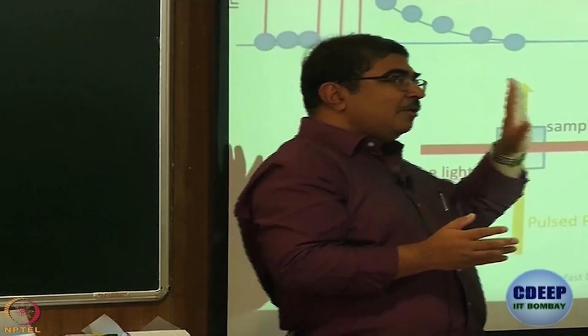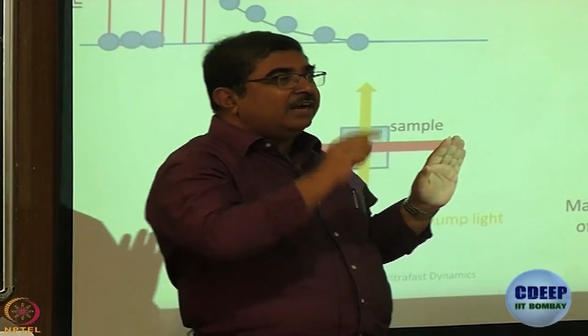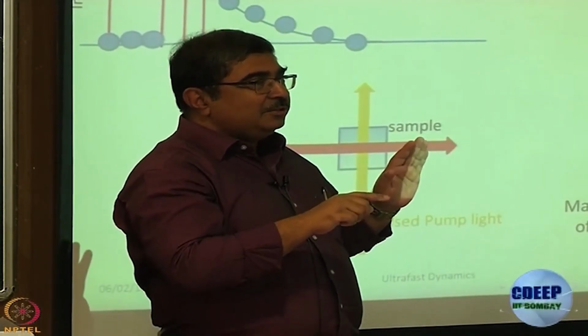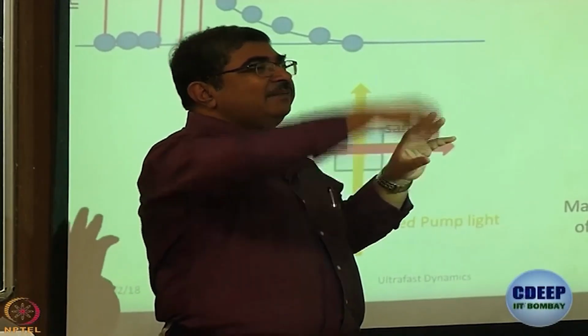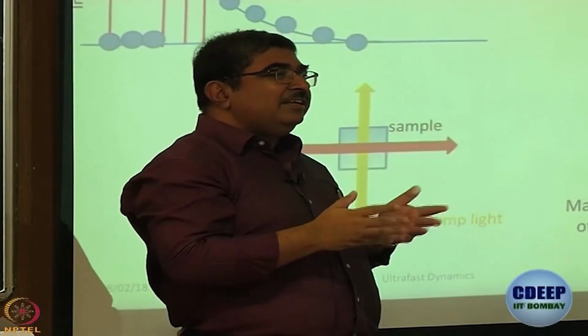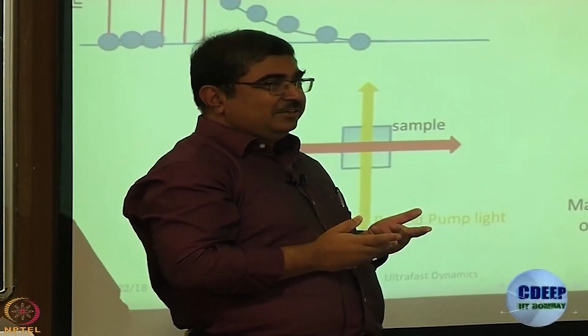Here also, the power of probe is typically kept at 1/100th or 1/1,000th of the power of pump. So suppose there are 1,000 molecules in the excited state, the probe will take maybe 1 up, no more than that. So the population does not change significantly. Instead of 1,000, it is 999, that's all.